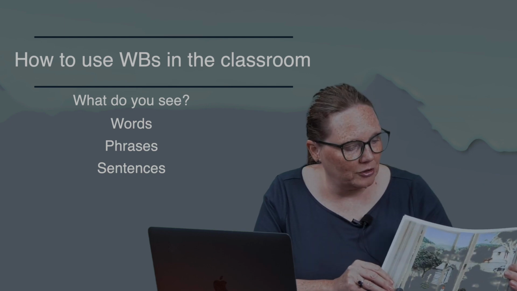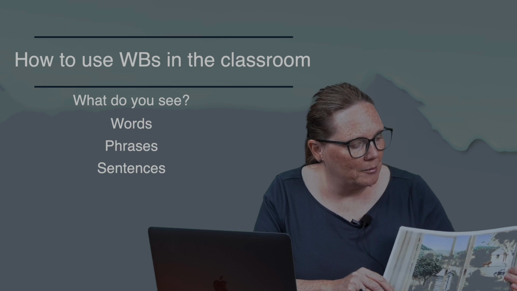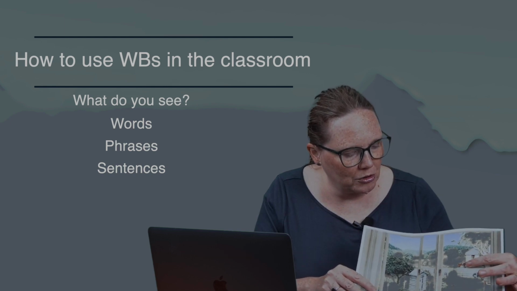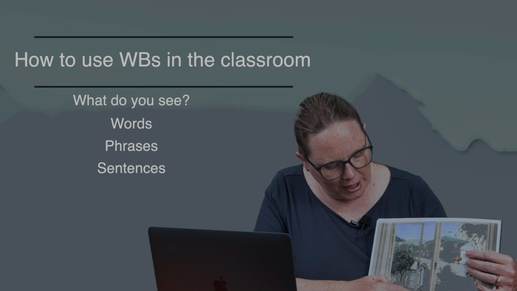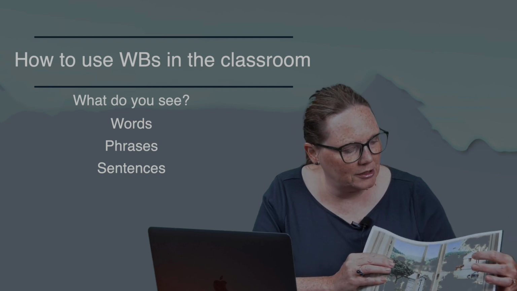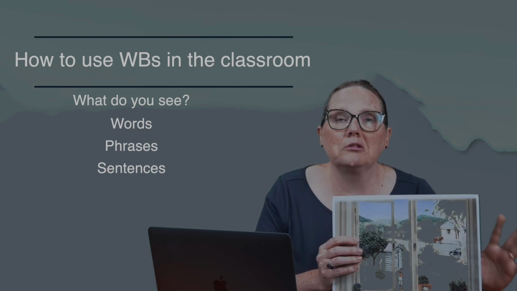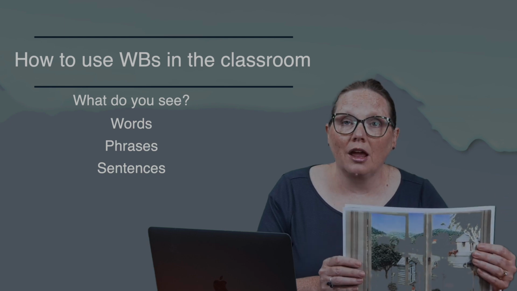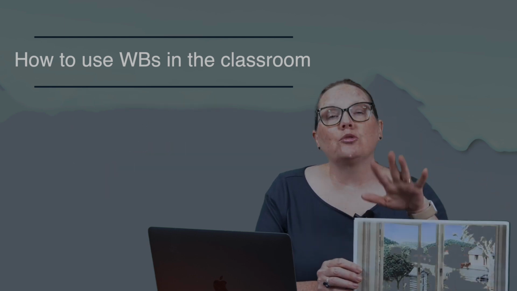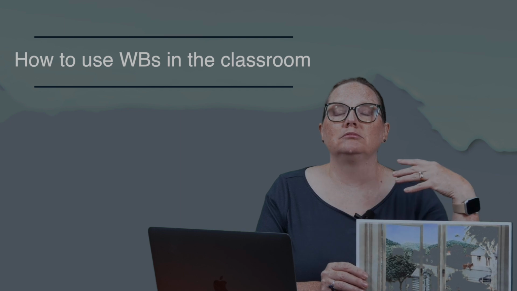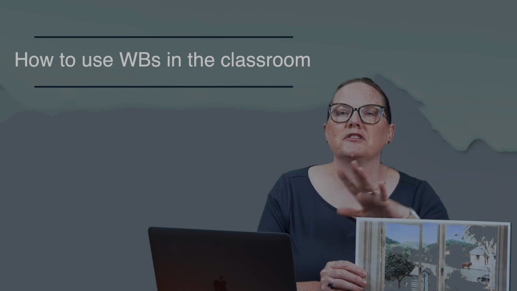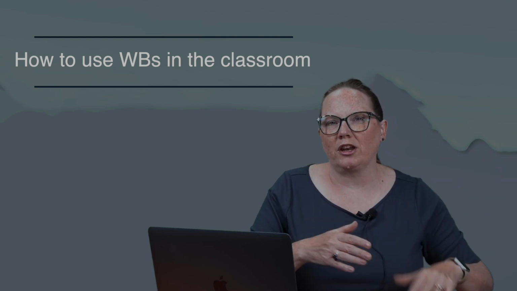For example, in this one, it might be: there's a horse, there's a boy outside, there are trees, there's a house, there's a car. Very basic, and that's a great way to start.